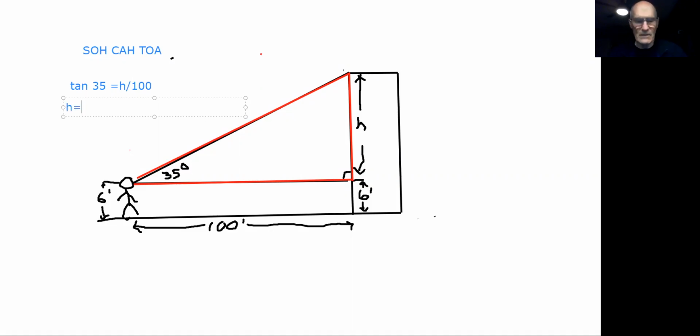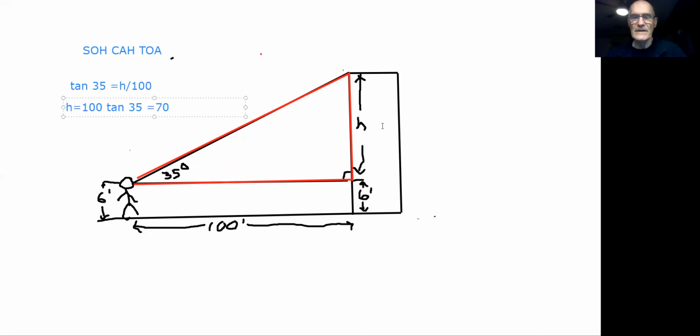So I have H equals 100 times the tangent of 35. And if I stick that in my calculator, I get 100 times the tangent of 35, and I get an answer of 70 feet. So 70.02, but that rounds to 70 feet.